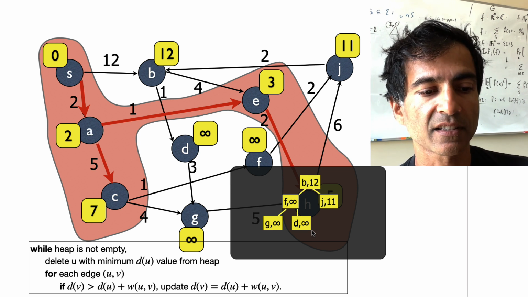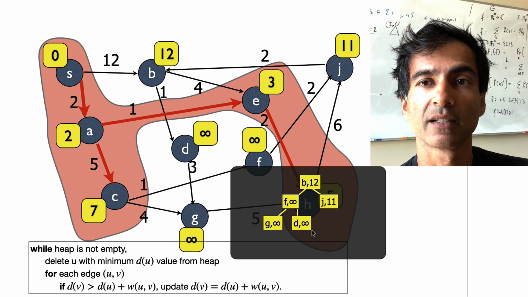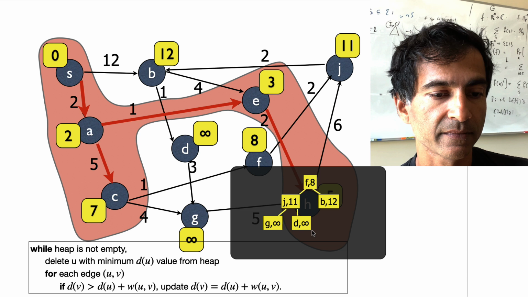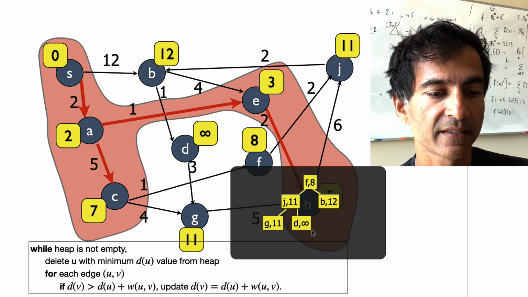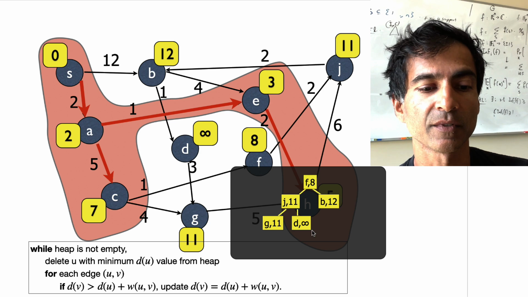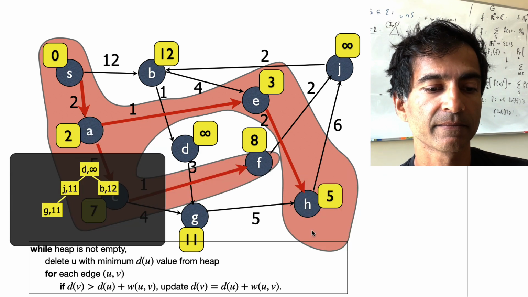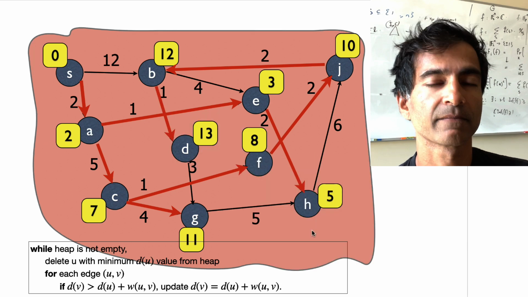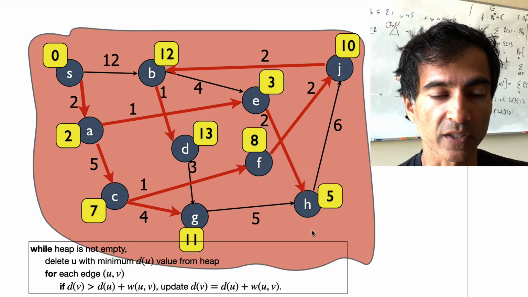We now look at the edges coming out of C. There's one to f and g, and we reassign their d values. We assign f 8 and g 11 and restore the heap before continuing. Okay, so that's how Dijkstra's algorithm works with a heap.